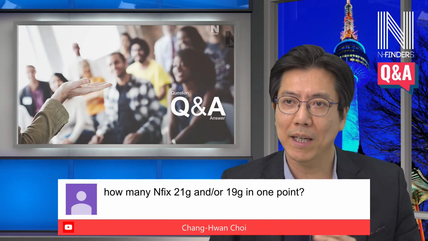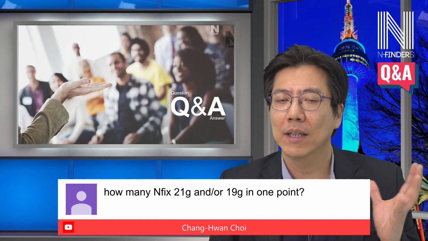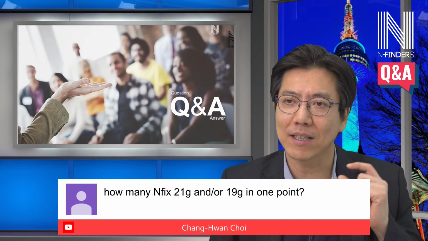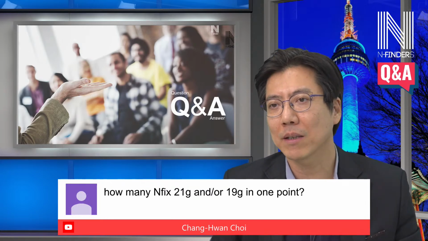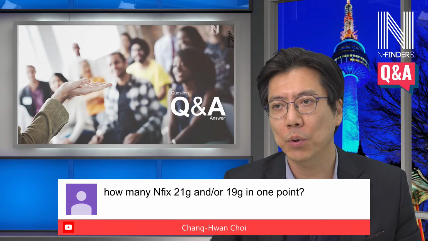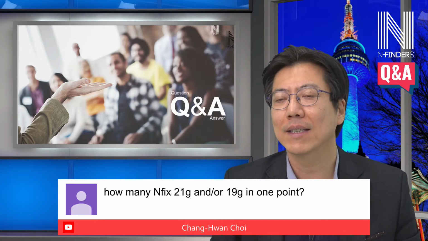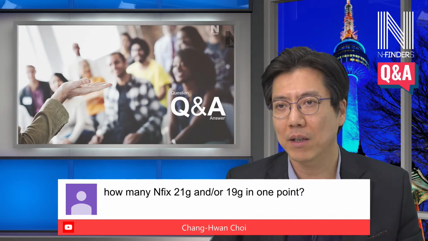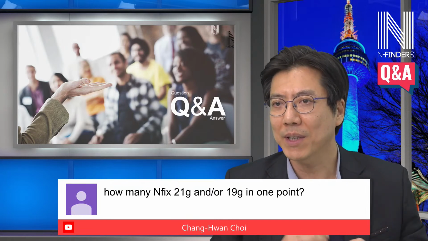It is very dependent on the patient's condition, and it relies on the thickness of the skin. If they have thick skin and a thick fat compartment, I prefer to put 19 gauge End-fix. But if they have very thin skin and a thin fat compartment, I put End-fix 21 gauge. And sometimes I mix them together.